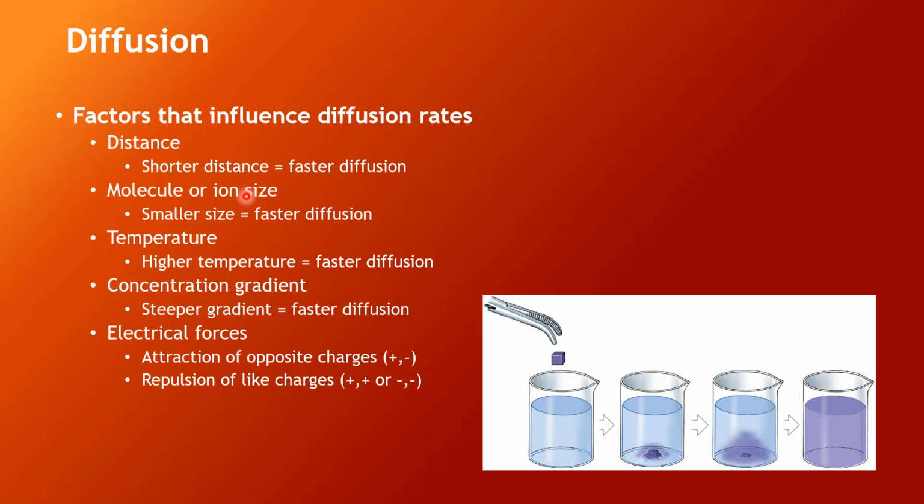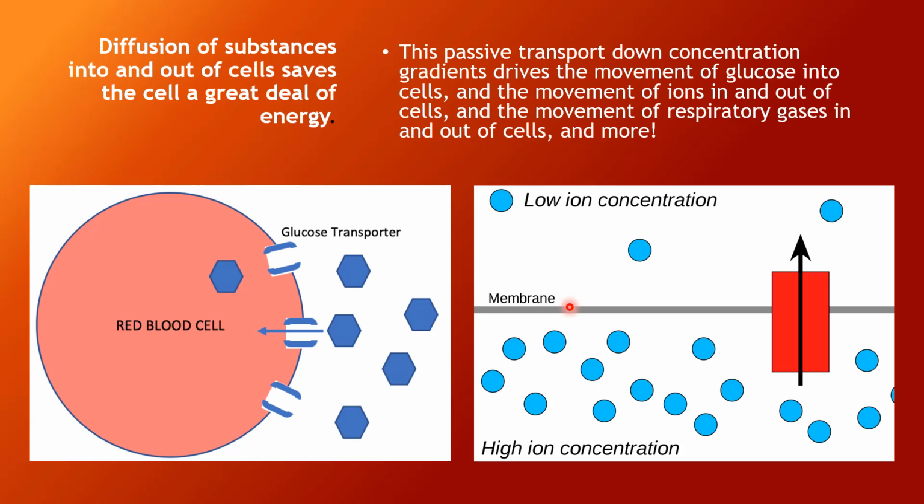Those gases are very small. The smaller the size, the faster the diffusion. Temperature affects diffusion. Higher temperatures equal faster diffusion, which you will see in the dye experiment. Concentration gradient: a steeper gradient equals faster diffusion. And lastly, electrical forces, the attraction of opposite charges and repulsion of like charges.